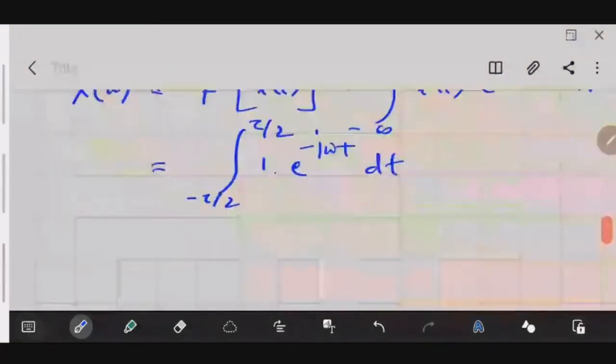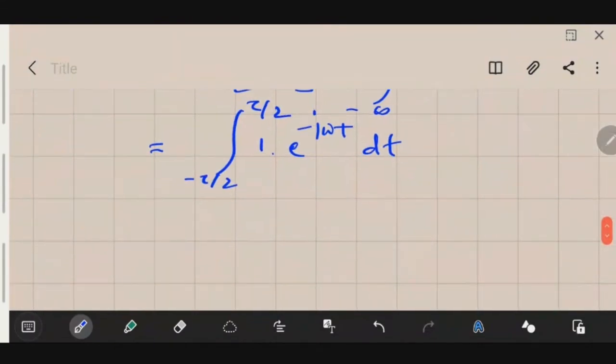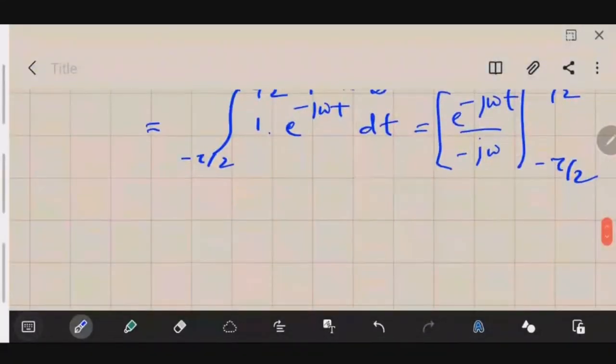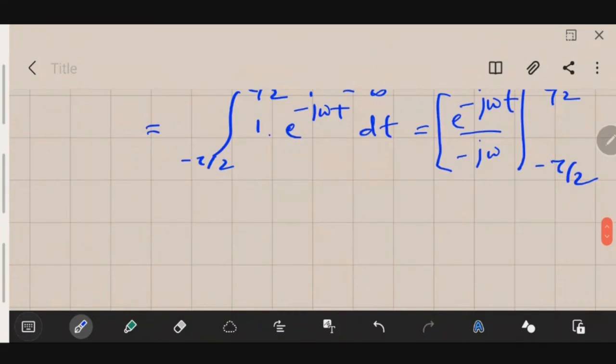If we integrate the integral from minus tau by 2 to tau by 2 of 1 multiplied with e to the minus j omega t dt, it will be equal to e to the power minus j omega t by minus j omega, and we put the limits, lower limit minus tau by 2 and upper limit tau by 2. Here we use the property that 2j sine theta is equal to e to the j theta minus e to the power minus j theta.